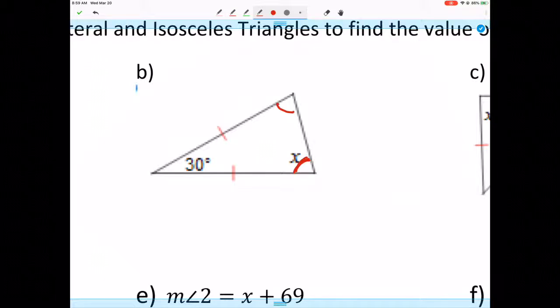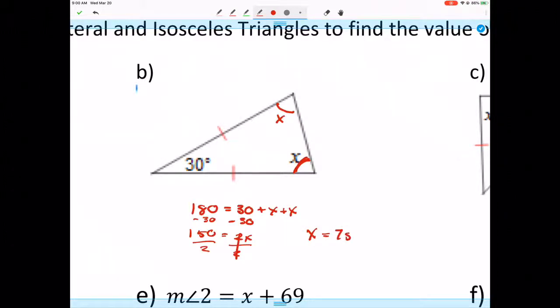So we could say that both of these could be x, and we know that a triangle is 180, so we could add 30 plus x plus x, and then all we need to do is solve for x. So we subtract 30, that gives you 150 equals 2x, and then divide both sides by 2, and you end up getting x is 75 degrees.